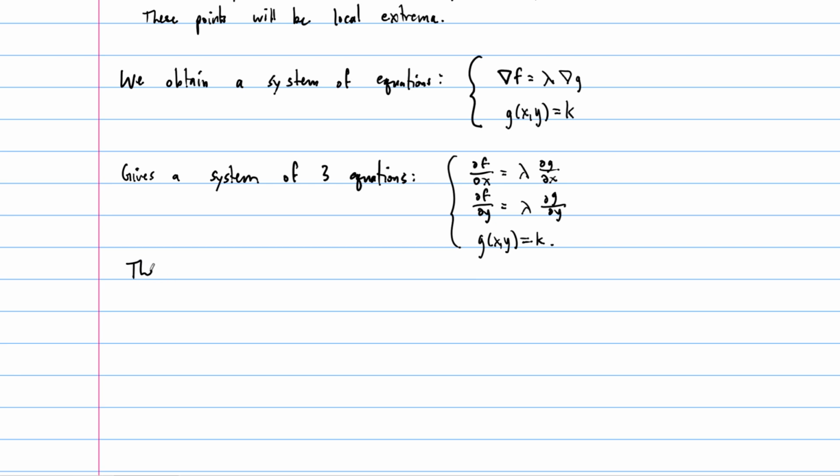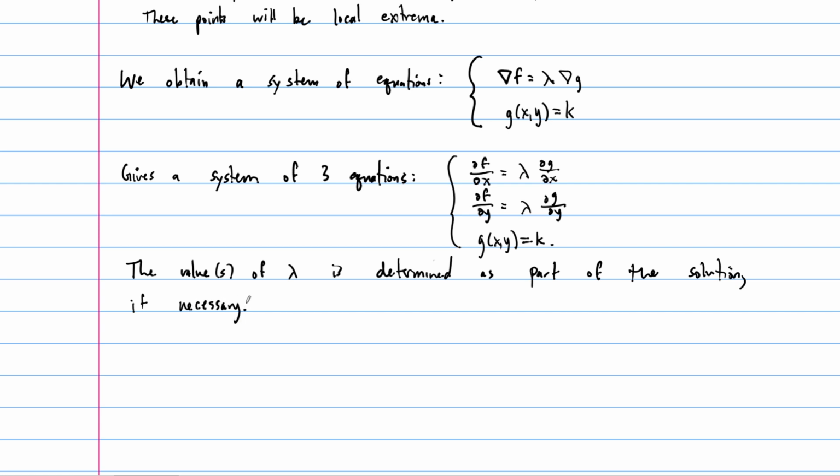And the value of lambda is determined as part of the solution. You don't know what lambda has to be at the outset, right? It's determined as part of the solution, and I'm going to write "if necessary," because lambda is not what we're looking for. We're looking for the x and the y.